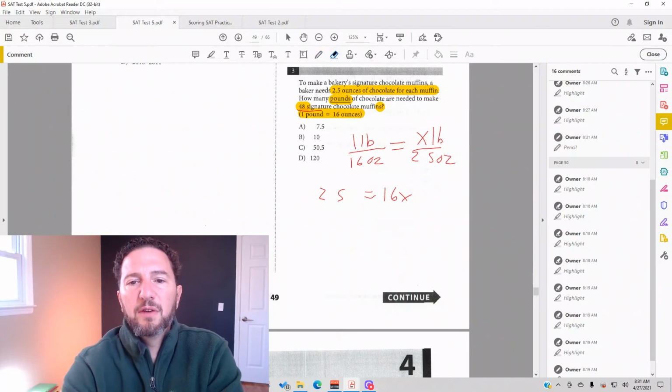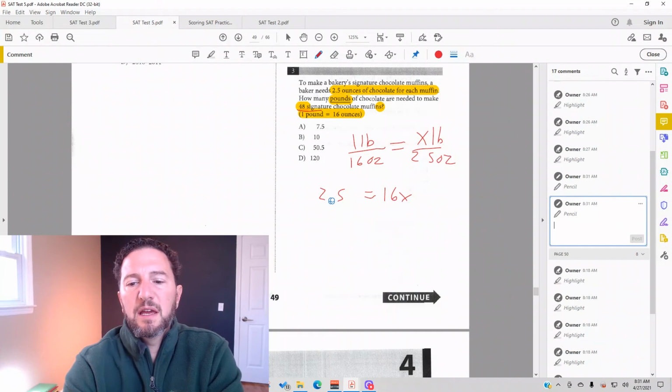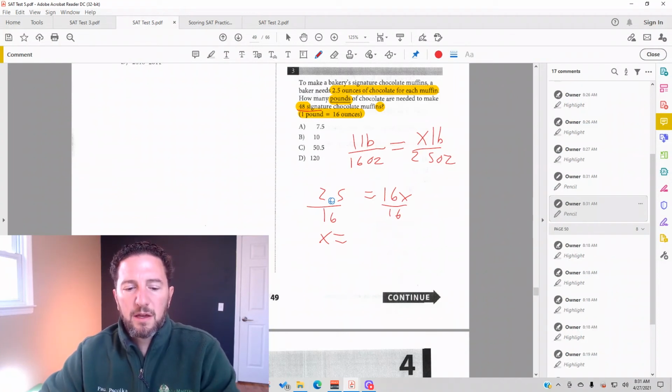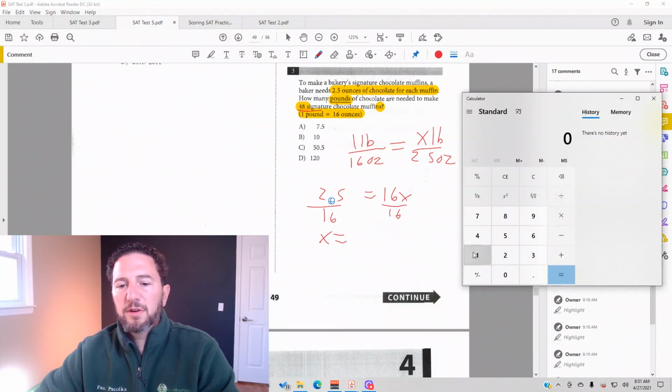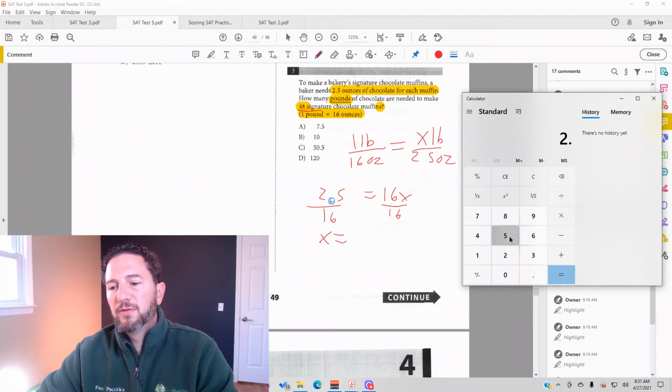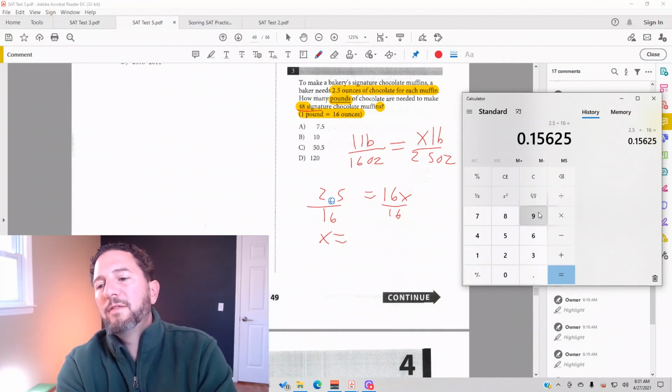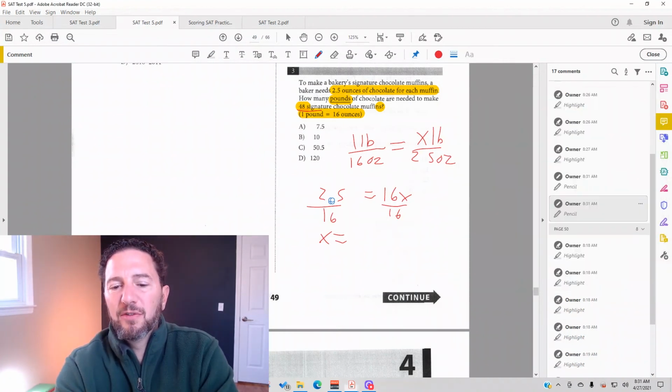So 2.5 equals 16x, and if we divide both sides by 16, what we get is that x equals, and I'm going to use my high-tech calculator over here, 2.5 divided by 16, and you wind up with 0.15625.